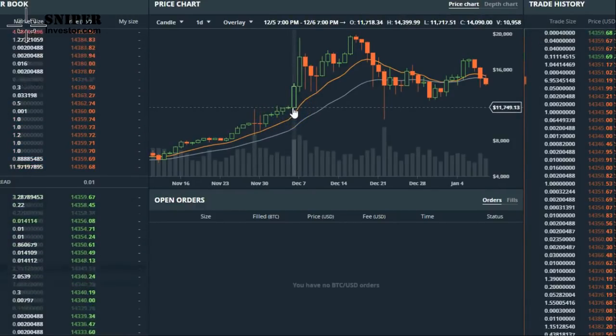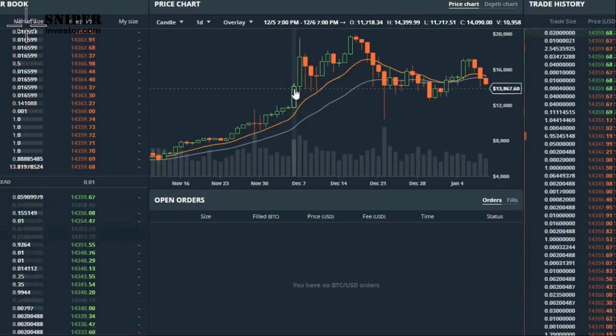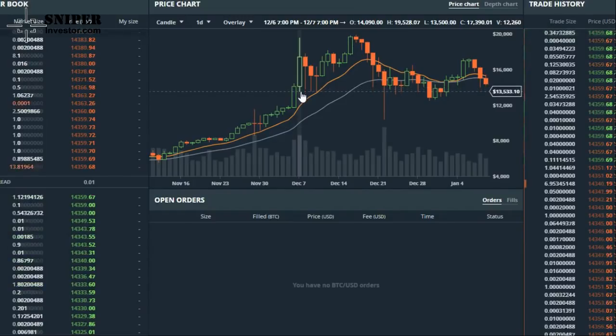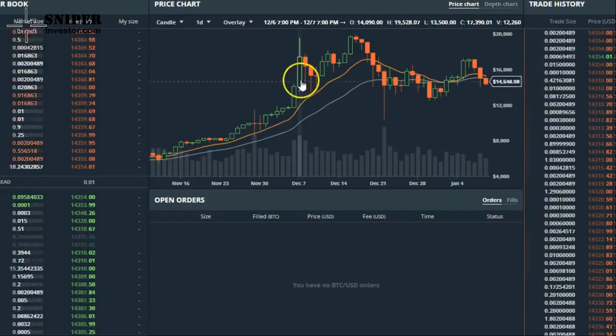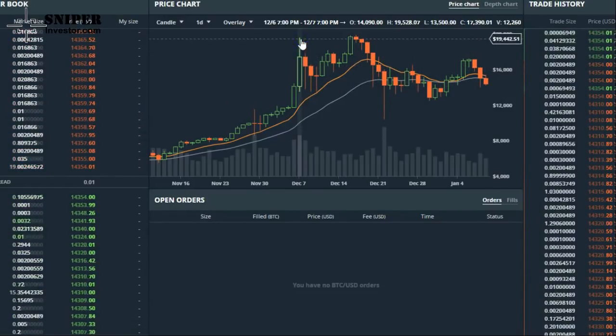Like right here would be the open. The Bitcoin price drives all the way up to the top here, and then it settles back down and closes right here. The next day it opens here. The price goes down to this wick at the bottom. It has a bottom wick on this particular one, and then it goes all the way up to here for the high for the day, and then it comes back and settles back down in here.